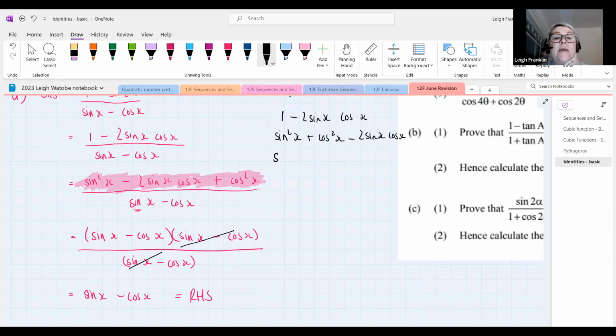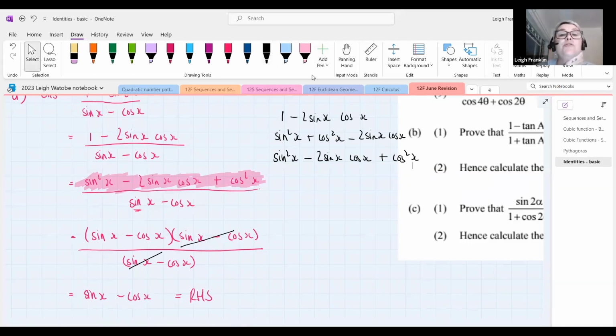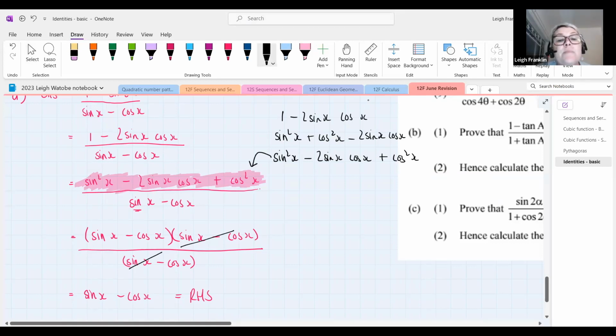I kept the sine squared x as the first term, I moved minus 2 sine x cos x into the middle, and I put the plus cos squared x at the end. So I'm allowed to rearrange my terms. That's what I did in order to end up with this. And the reason that I'm doing it, like I think Amahle said, is because I'm trying to create a trinomial that I can factorize. Does that make sense now?